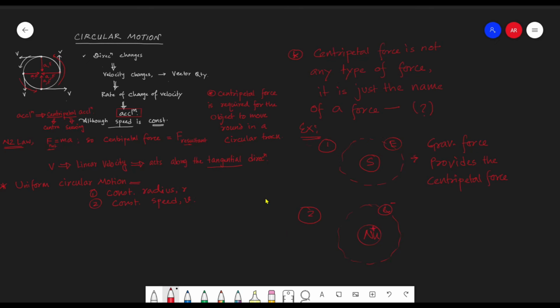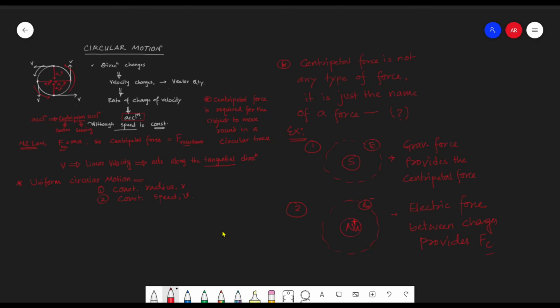For example, you tie an object at the end of a string and you keep on whirling the string so that the object moves around in a circular path. So why does the object move around in a circular path when you tie it at the end of a string and whirl it around? It is because the tension here is providing the centripetal force. So this is what we say, that centripetal force is just the name of the force, not the type.